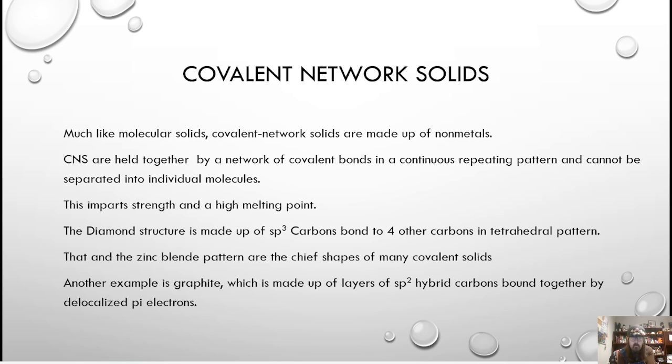The other major one is graphite, which is made up of flat layers of sp2 hybridized carbons that are all bound together by delocalized pi electrons. You can peel them apart. They have greater electron conductivity, but they're also much softer.